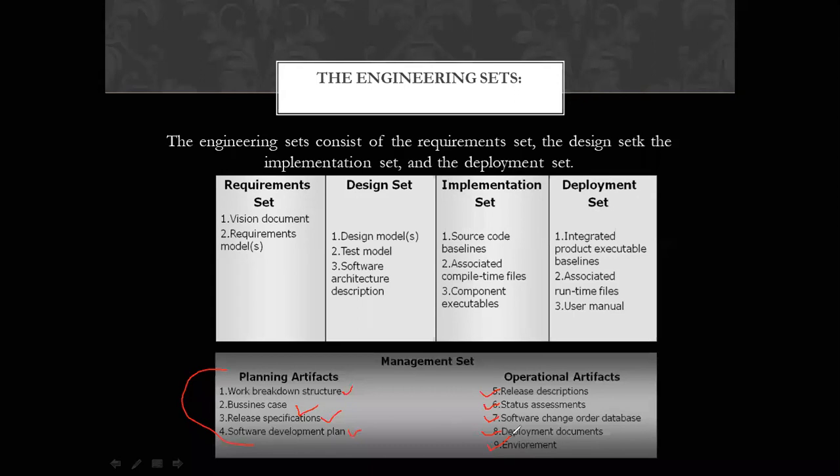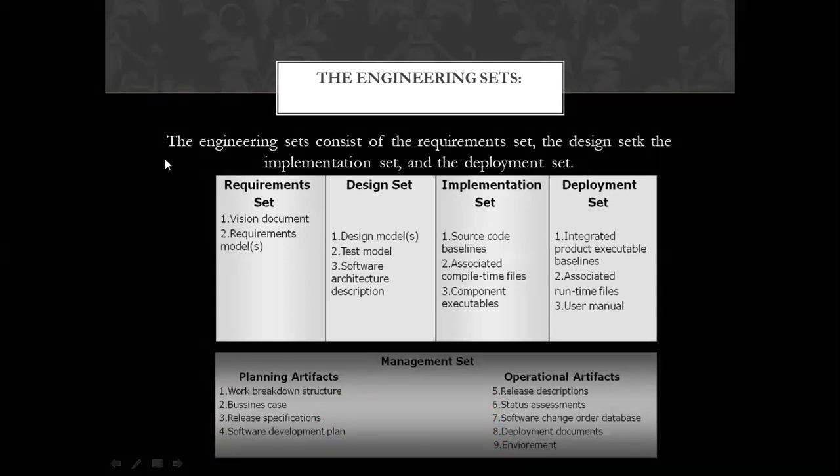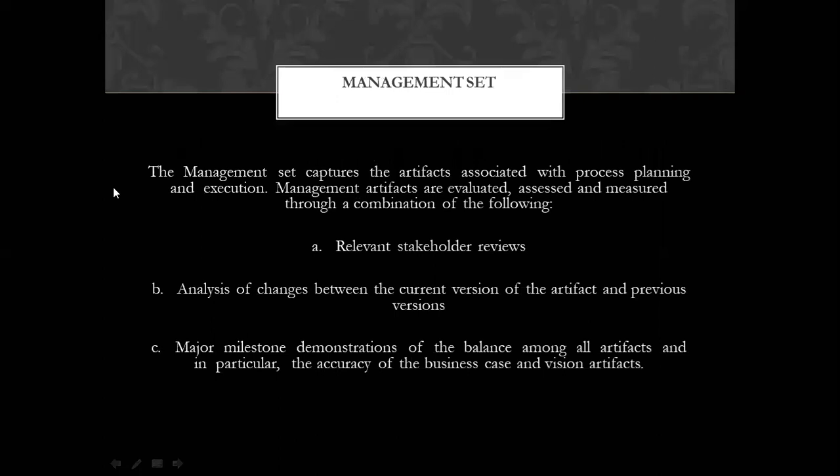Now this management set that we just have seen, these are all the artifacts of the management set. Planning and operational artifacts, different artifacts are there to evaluate whether these are working properly or not. Then there are some practices that are to be followed. First one is relevant stakeholder reviews. You have to check the reviews of the stakeholders, how satisfied they are.